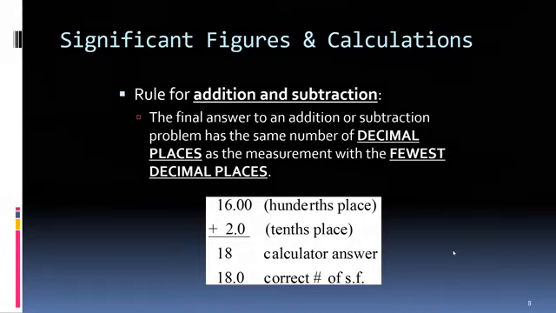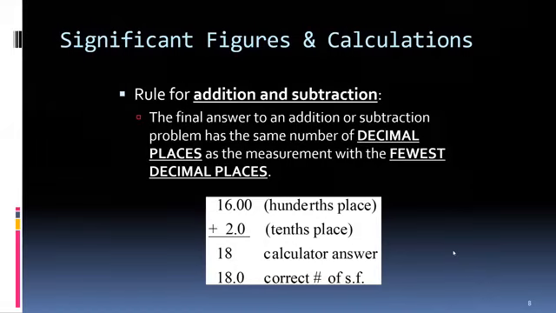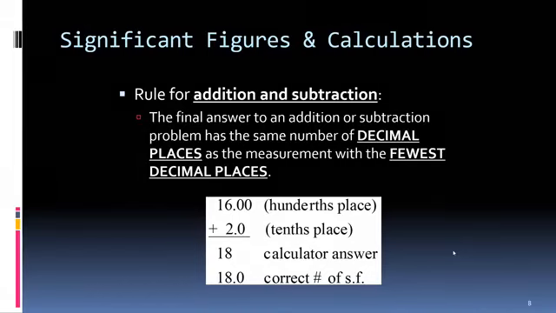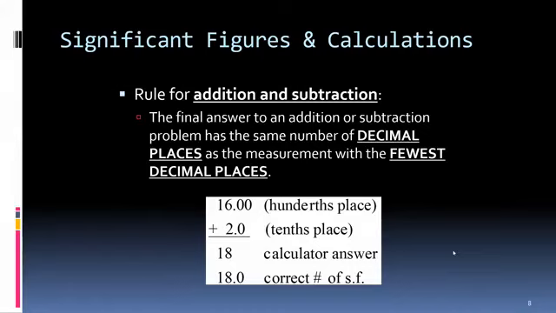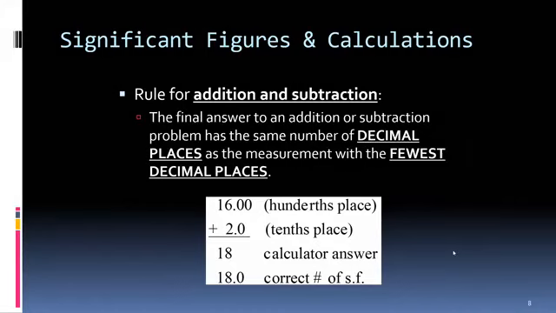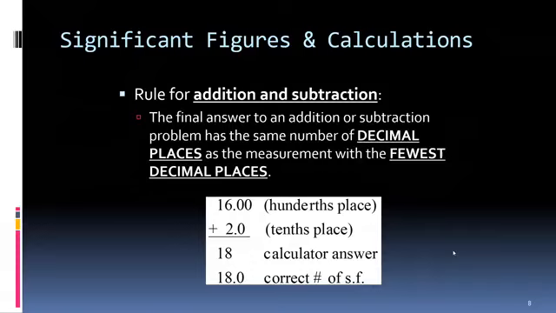I like to think of it in a little different way, and that is, when you look at the measurements involved in an addition and subtraction problem, your first task is to identify the least precise measurement. That is going to be the measurement with the number of digits in the fewest decimal places.